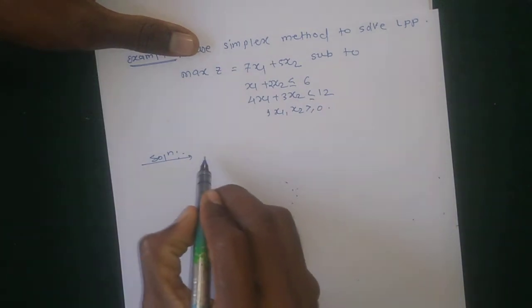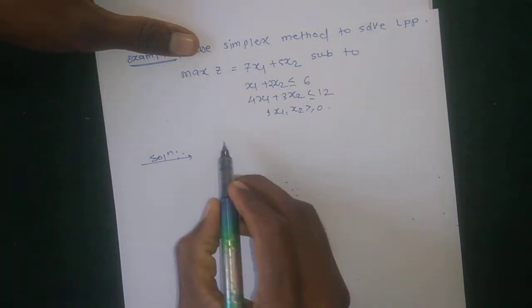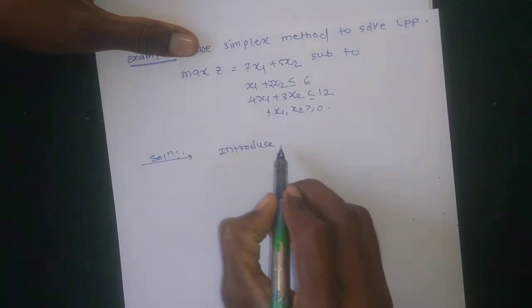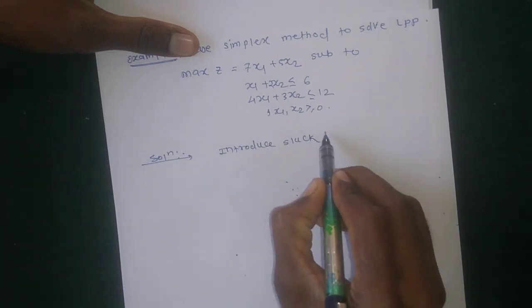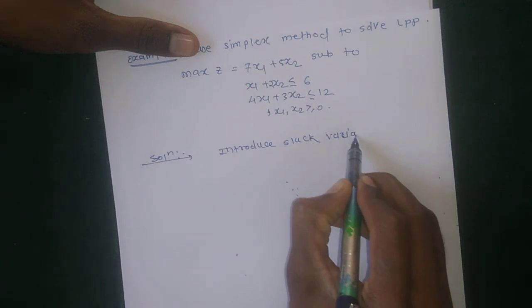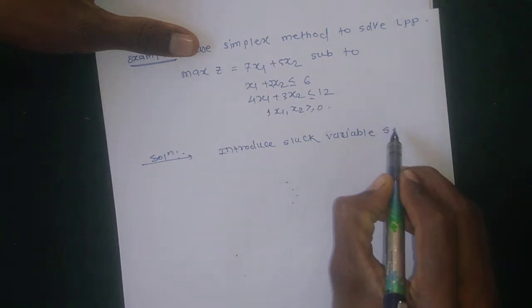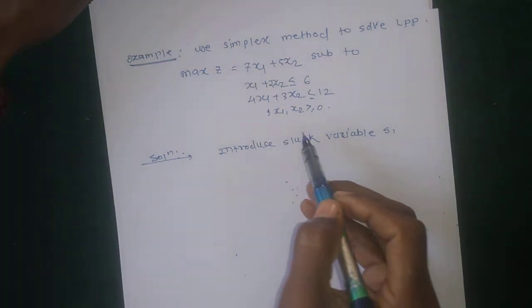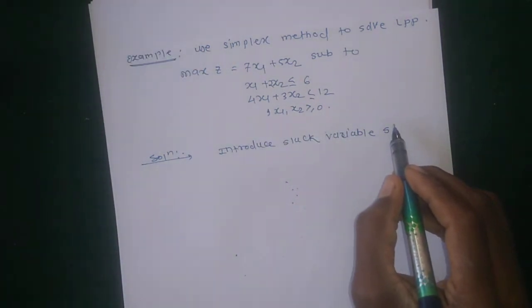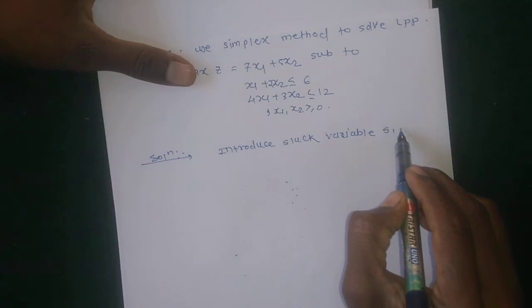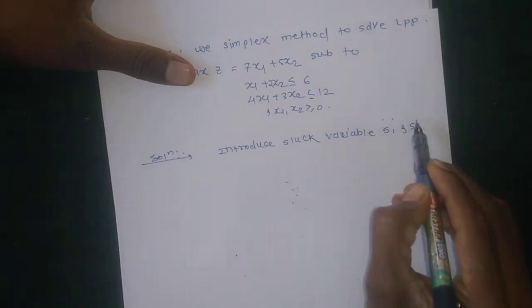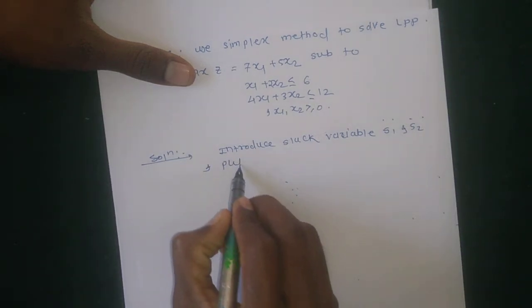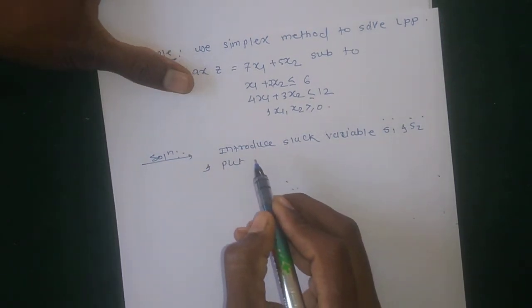So firstly introduce slack variable s1. Here there are two constraints, therefore slack variables are 2. So adding two slack variables s1 and s2, and putting their cost in the objective function as 0.